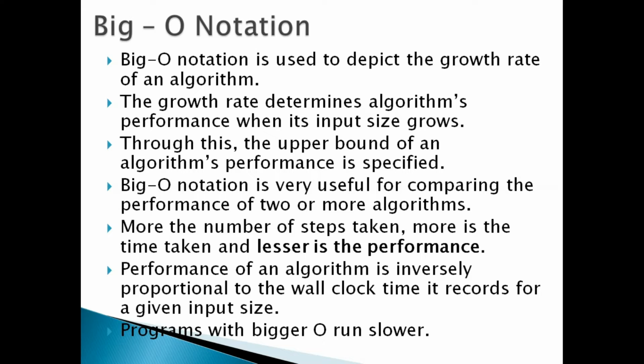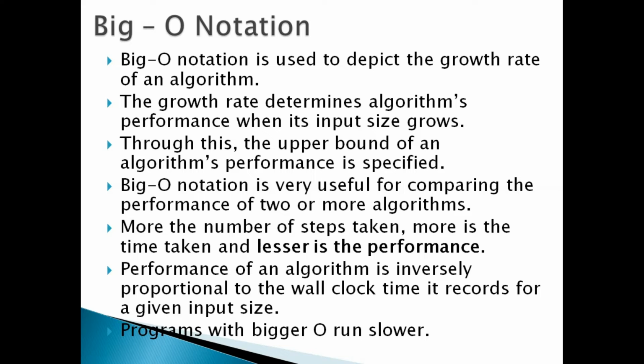It is used to depict the growth rate of an algorithm. It is in mathematical terms that defines the growth rate of an algorithm, how the algorithm performance will grow according to the increase in data size. Okay, how is it defined?